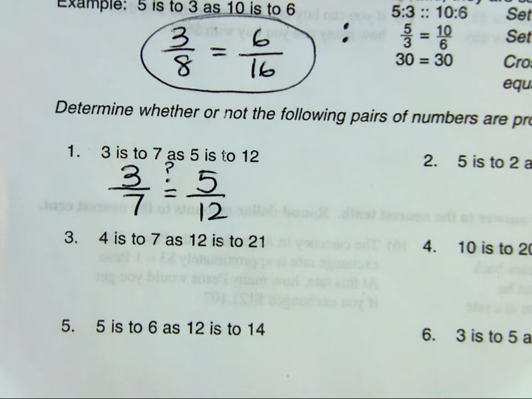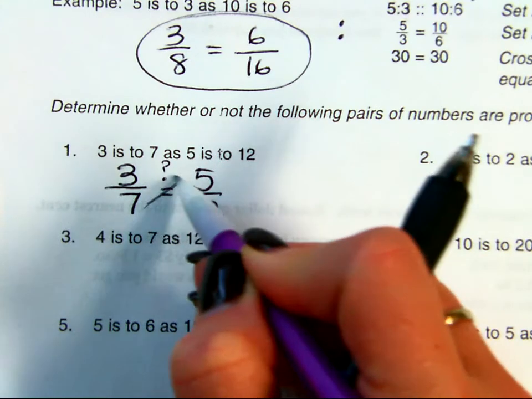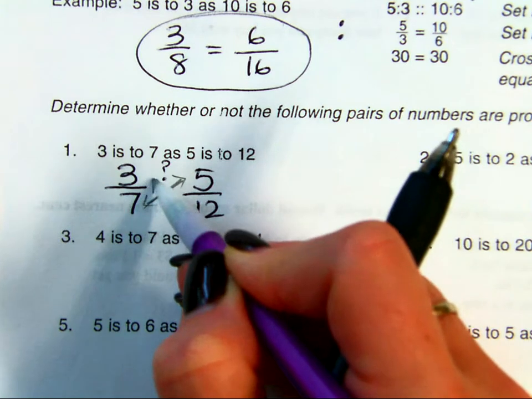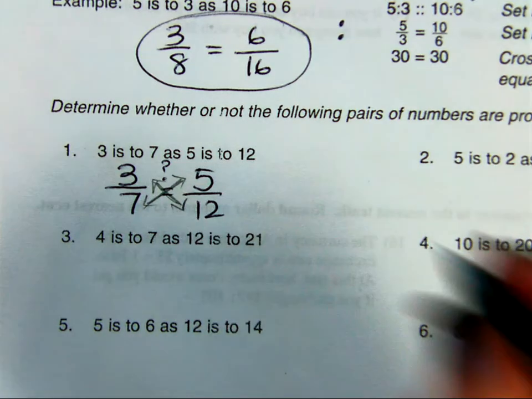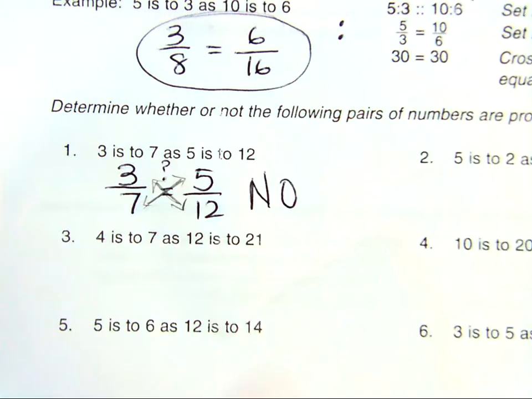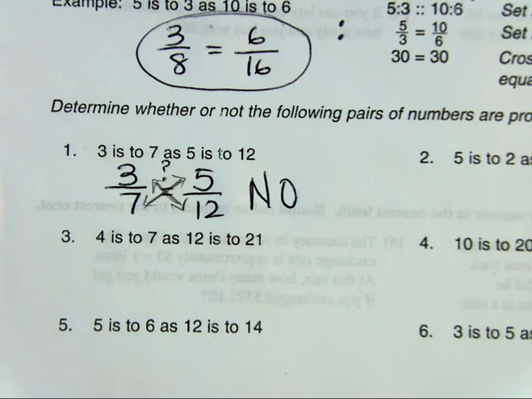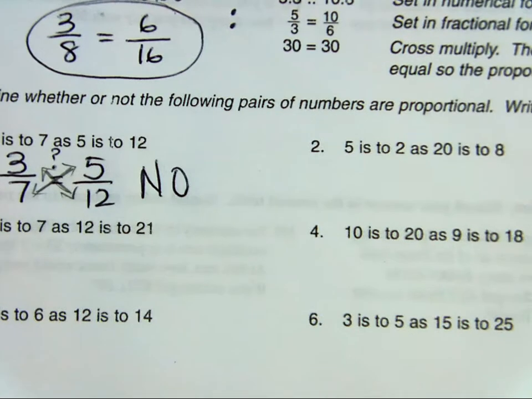You could use the cross products, which is 5 times 7 is 35, but 3 times 12 is 36. So literally all I just need is a yes or a no for that. The only difference is we have to set the equations up today, whereas yesterday they were given to us.